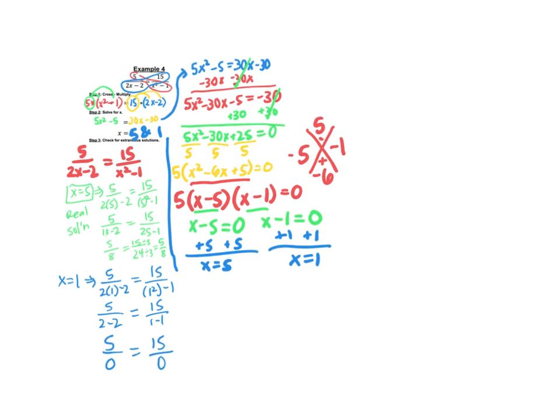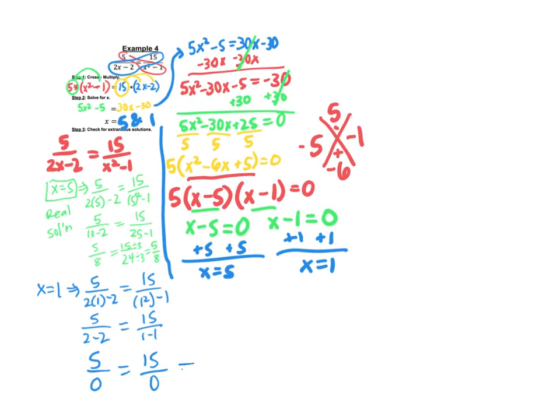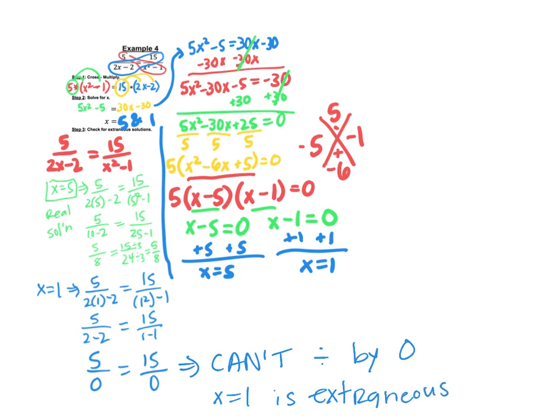But remember, we saw in our last video, we can't divide by 0. So that tells me that x equals 1 is extraneous. It's a solution that doesn't work. It's sort of just your extra solution. So in this one, we had two solutions. One was real and one was extraneous.